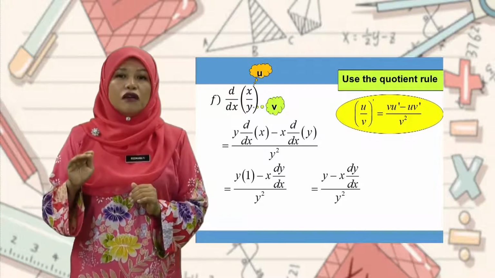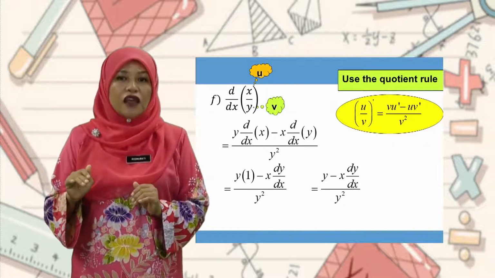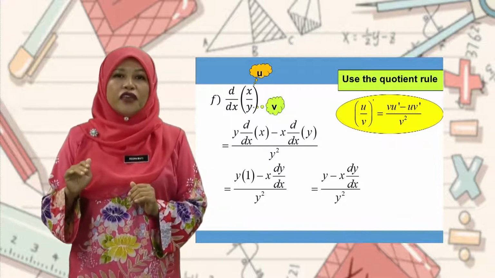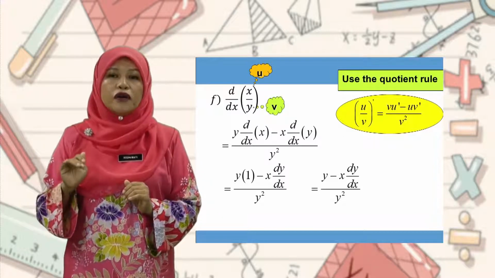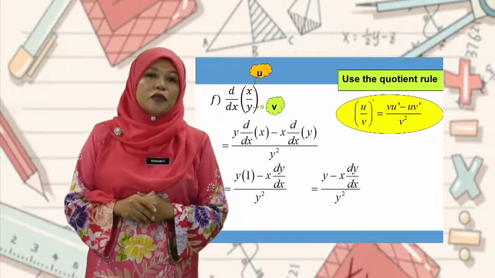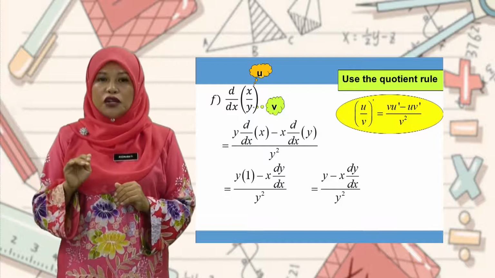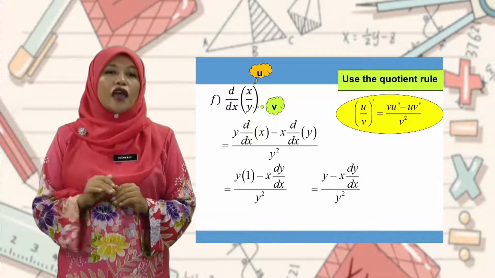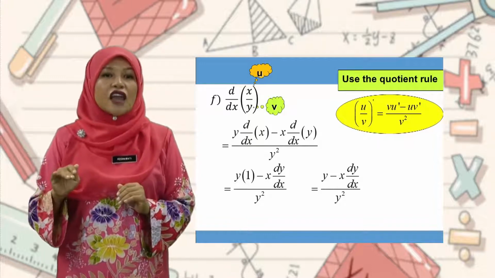When you have u over v, you want to differentiate it, then it will be vu prime minus uv prime over v squared. In this example, we need to treat the x, or the numerator, as u and the y, which is denominator, is treated as v.